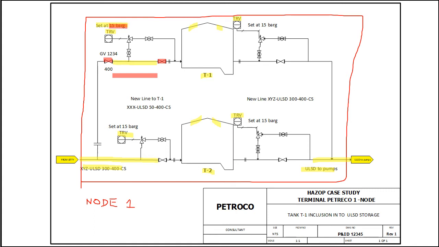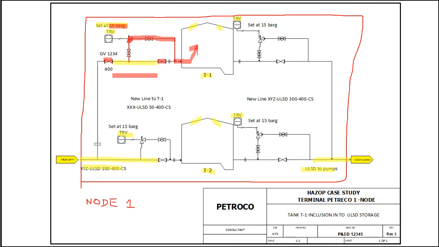If it does reach that pressure, this valve opens, and the ULSD runs from the line in question that's being pressurized. It'll go through the relief valve, along this line and into the tank and be relieved.